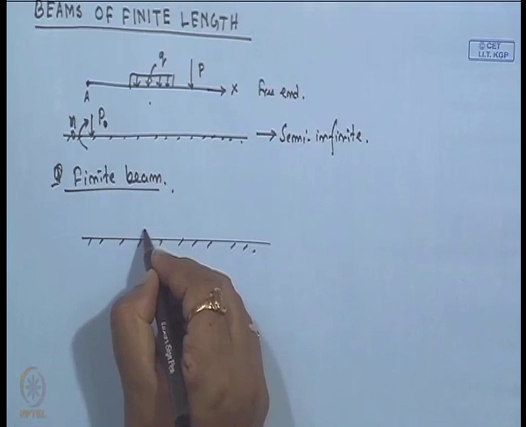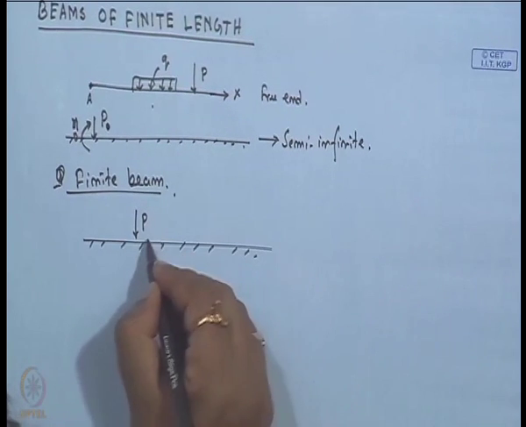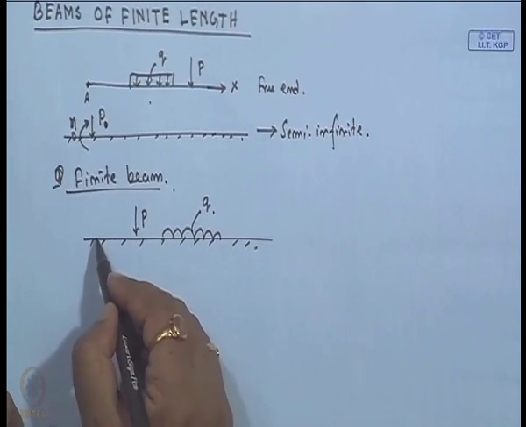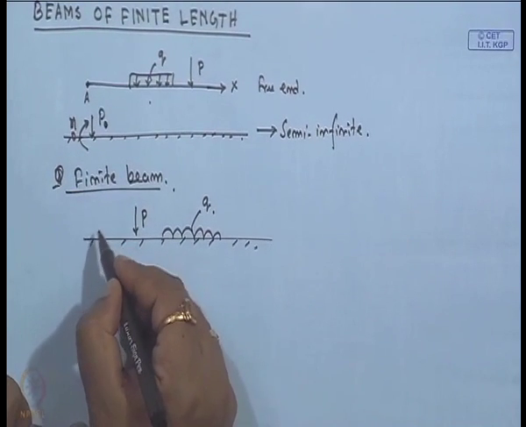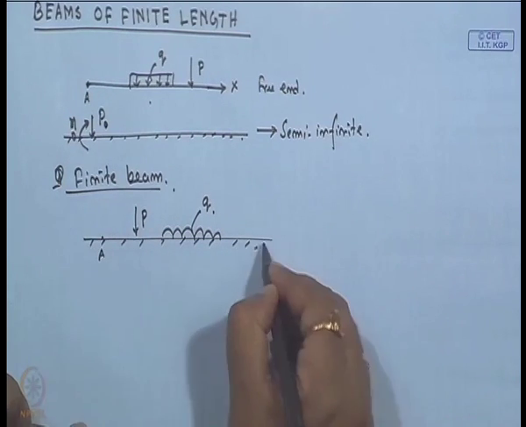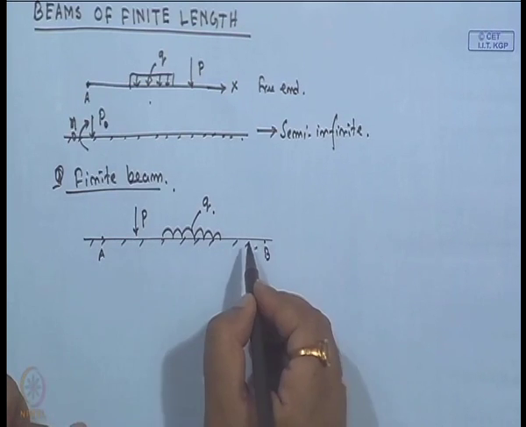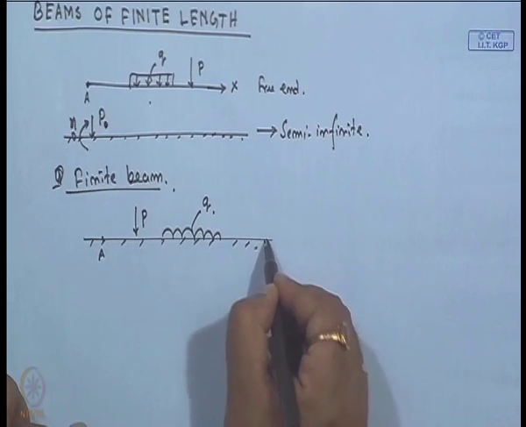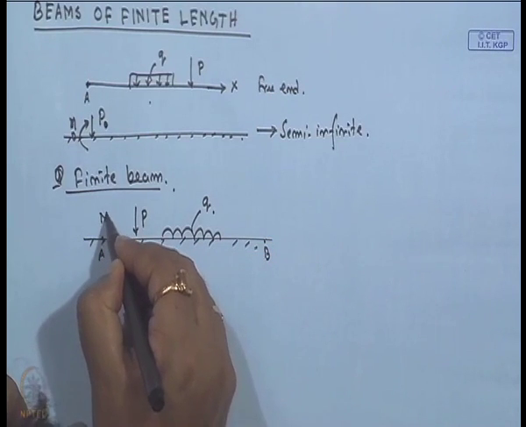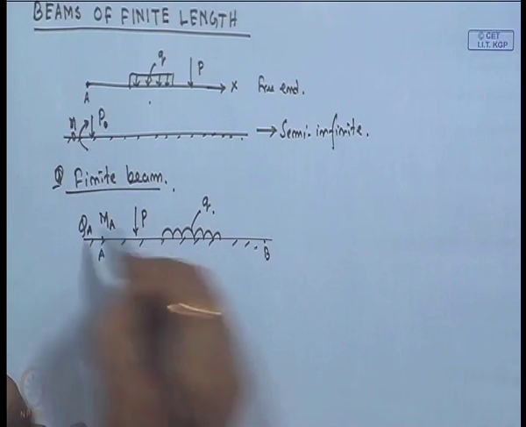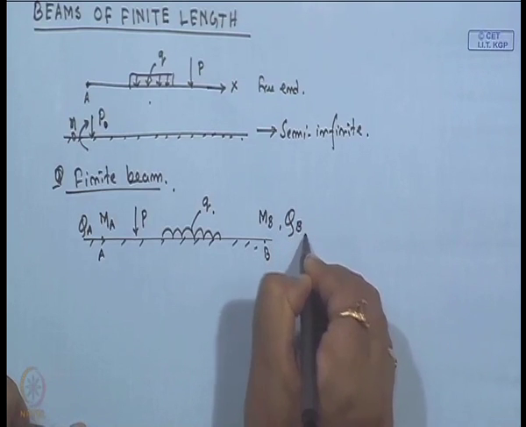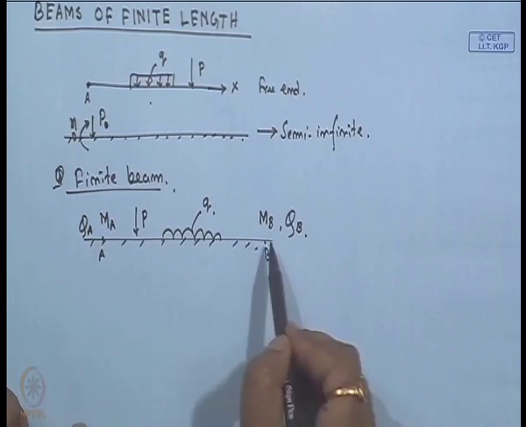Because of the loading, say P and UDL Q, a moment MA and shear force QA will develop at this point A, and this is B. These are the two points of this finite beam. Converting it to an infinite beam, moment MA and QA, similarly moment MB and shear force QB, will develop at points A and B respectively.